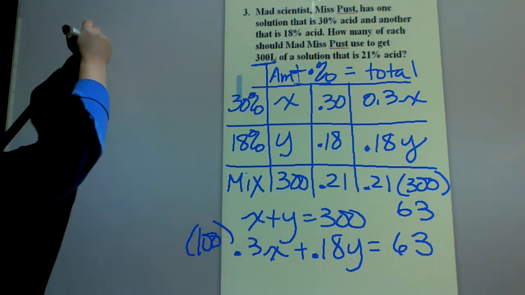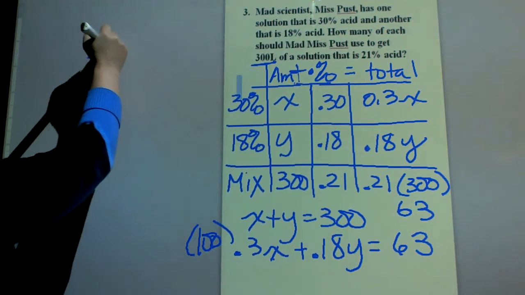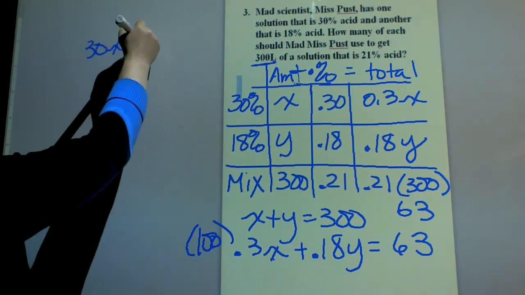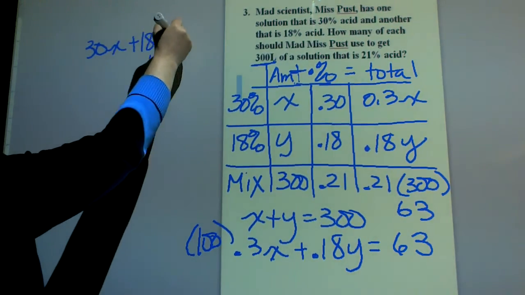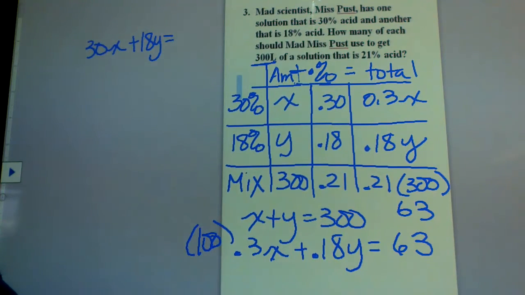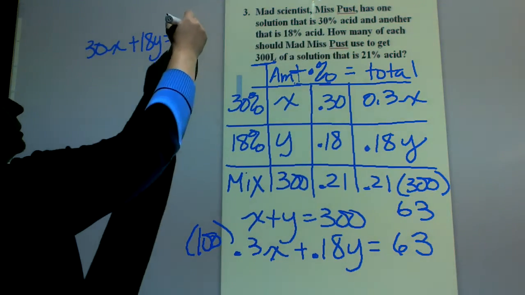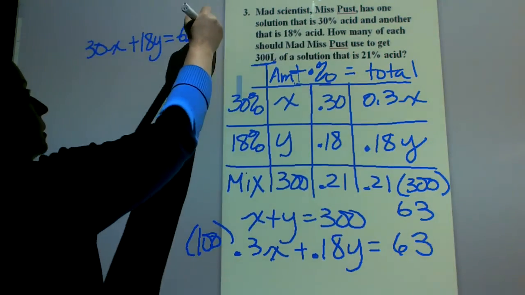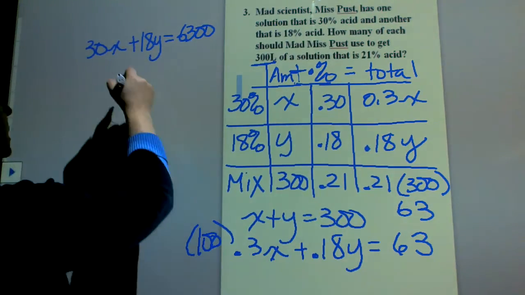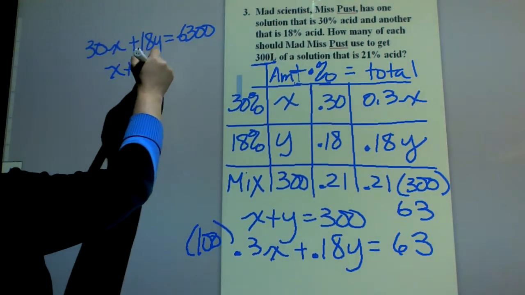So it's going to be 30x plus 18y equals 6,300. Okay, and then this one still is going to be x plus y is 300.